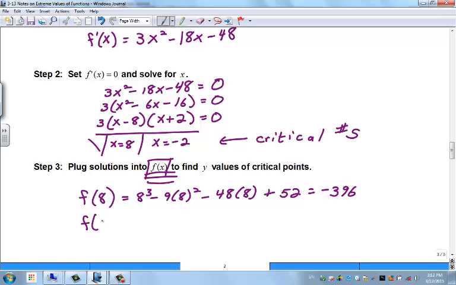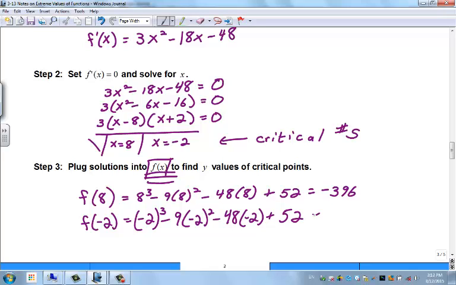F of negative 2 is equal to negative 2 cubed minus 9 times negative 2 squared minus 48 times negative 2, and of course your calculator will do this all for you, plus 52. And that equals 104.